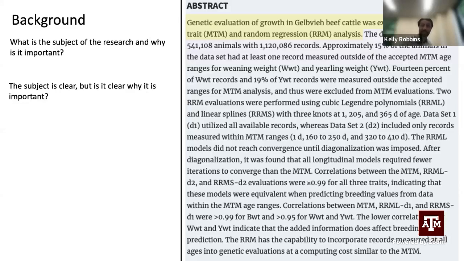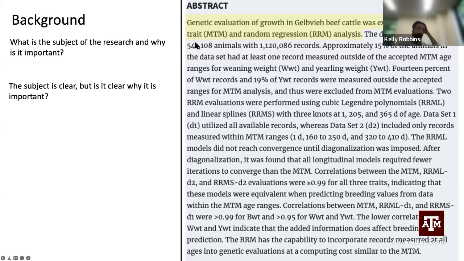There is a very clear reason why this was being done, but that's not stated anywhere explicitly in this abstract. So unless you already know what the limitations of using a multi-trait model for evaluating growth were, it wouldn't be obvious why we were looking to shift away from multi-trait genetic evaluations to random regressions.